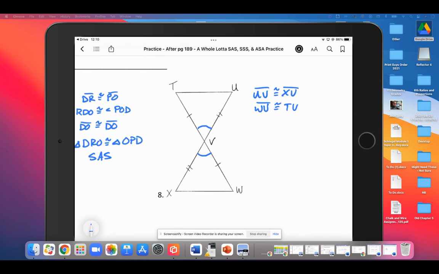So I'm going to have that angle TVU is congruent to angle WVX. And so I can see that I do have side, angle, side here, so I can make the statement that triangle TVU is congruent to triangle WVX because of side, angle, side.